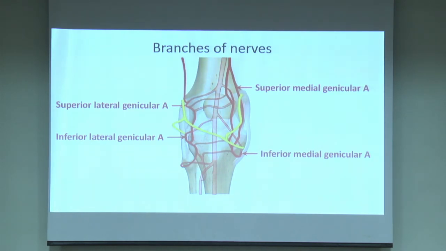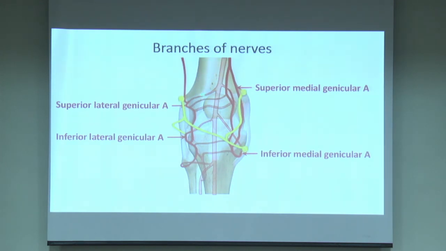The arterial supply gives us the clue to look for during power Doppler, to pick up these arterial pulsations and deposit the local anesthetic near them. We may not be able to see these nerves, but we will always be able to pick up the arterial pulsations. And if we are able to do that, an effective block of the knee joint can be provided without loss of muscle strength.